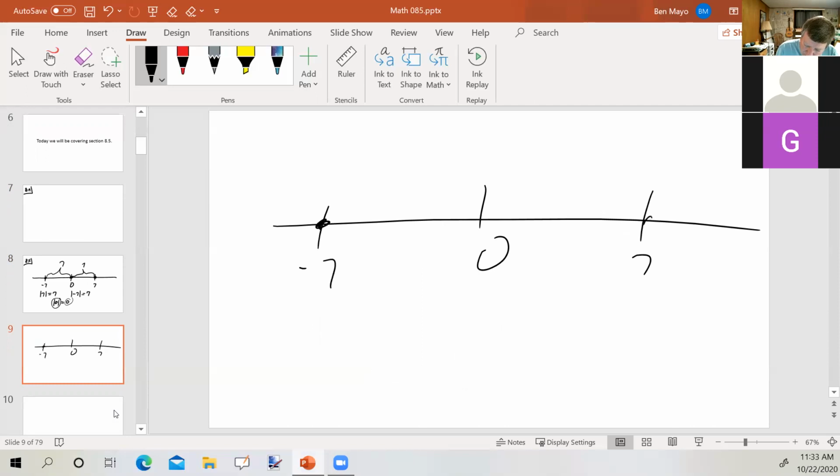All right, now go back to this example. Suppose I said the absolute value of x is 7. What value or values could x take on and make this true? 7, okay, so x could be 7. Is there any other value of x that would still make this true? The absolute value of some number would be equal to 7.